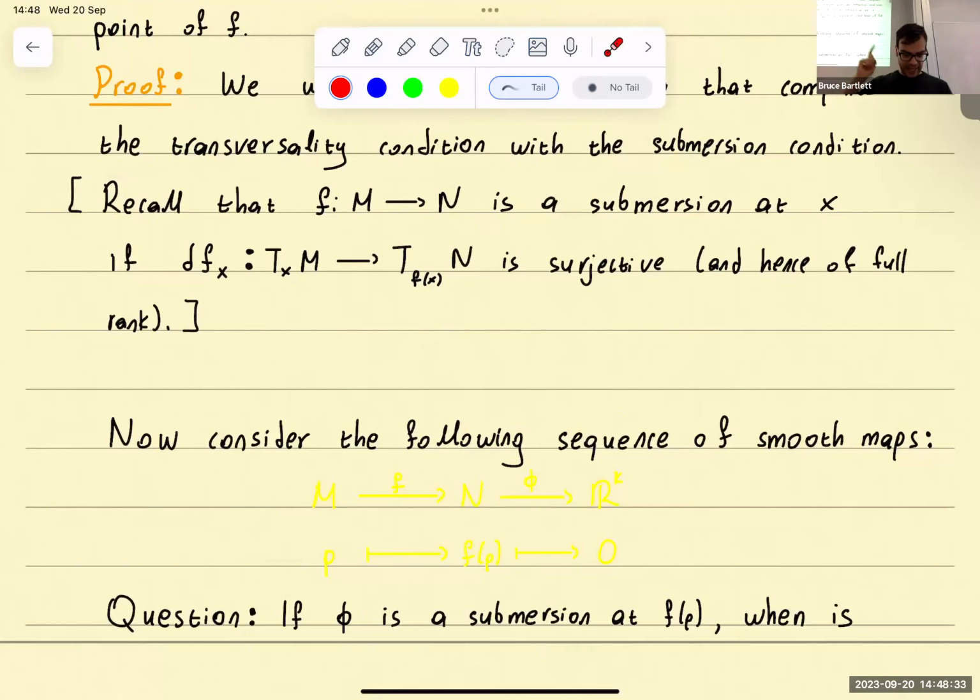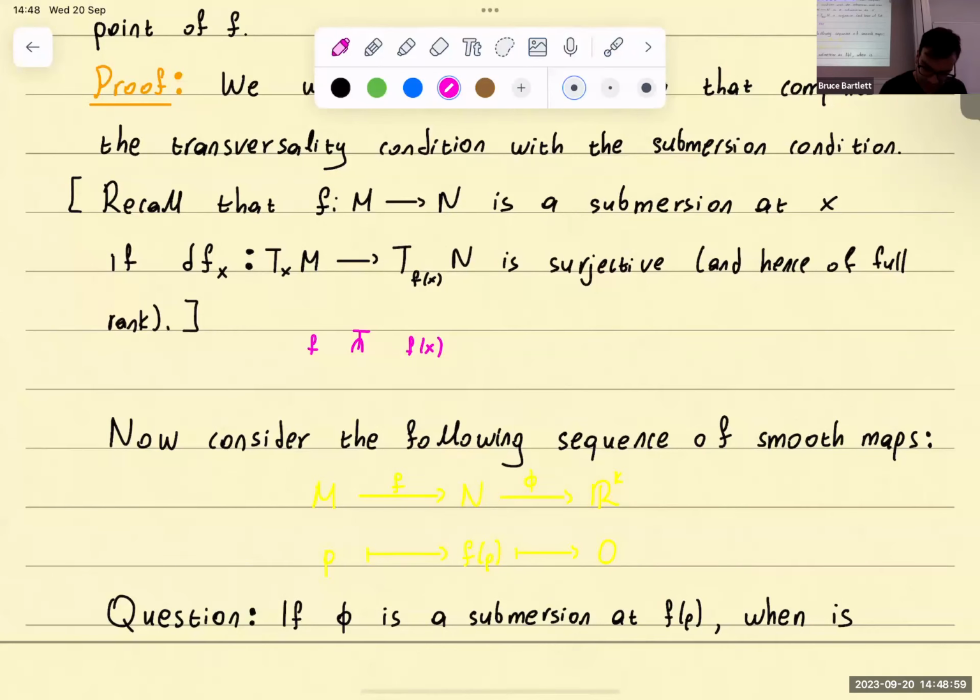And also let me make the comment: if you look at the definition of being a submersion, and you consider F of X to be a zero-dimensional submanifold of N, it's exactly the same condition as requiring F to intersect F of X transversally at X. If you unwind the definitions, that's basically what you will get.